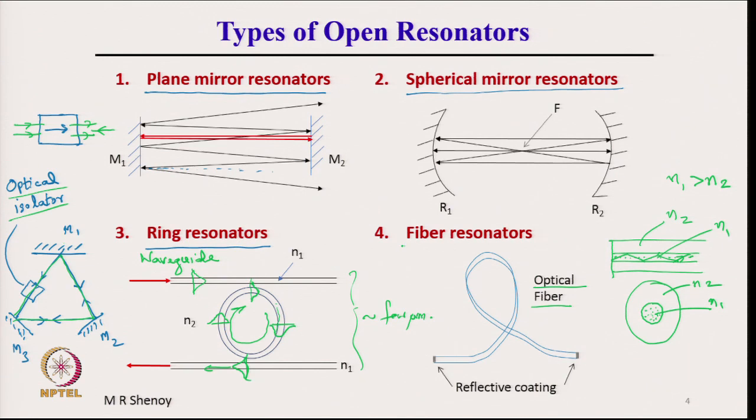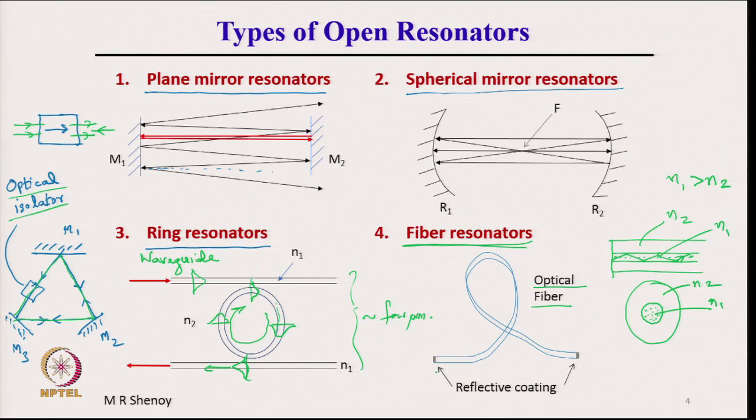And the fourth one is the fiber resonator. Although in this case light is confined to the optical fiber, whether it is in the waveguide or in the fiber, still these qualify as open resonators, because there is only one path.